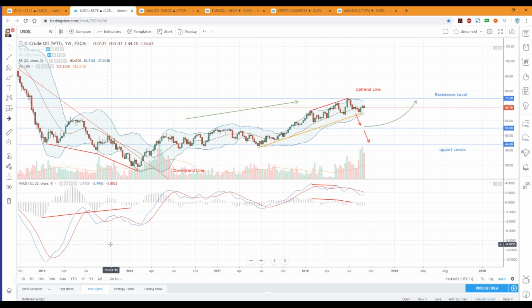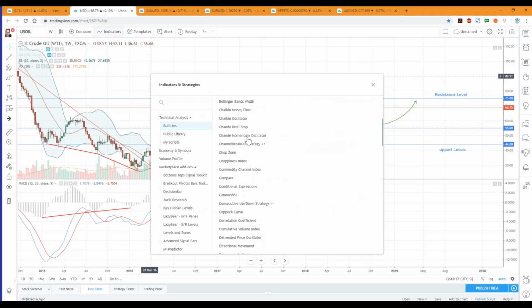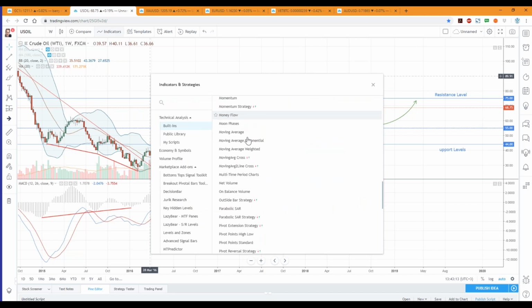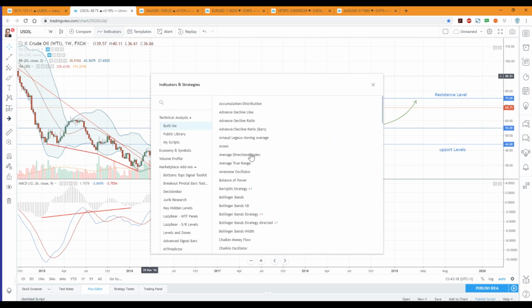And there are literally hundreds and hundreds of indicators. Actually, if I click on here, you can see on the right-hand side as it pops up on your screen. There we go. This is just the indicators available on tradingview.com, and that's just a standard range of them. But there are hundreds of indicators.